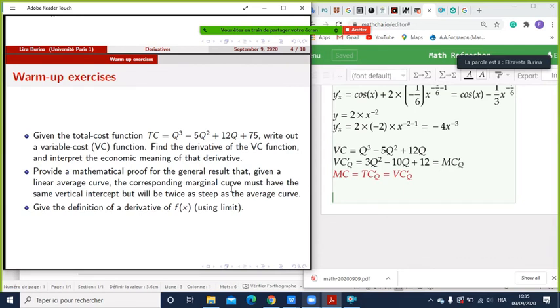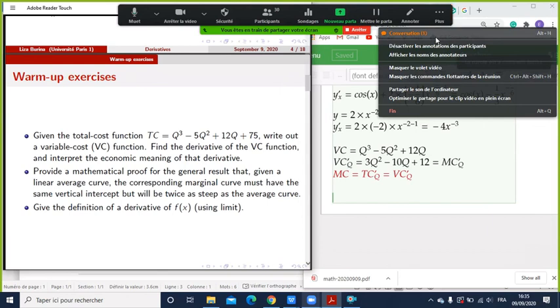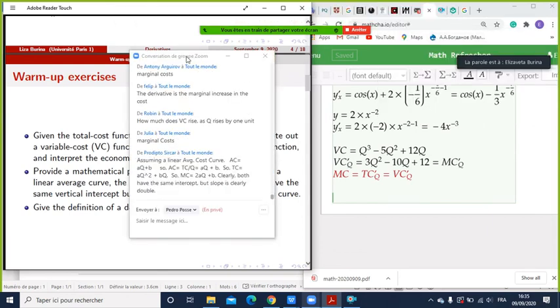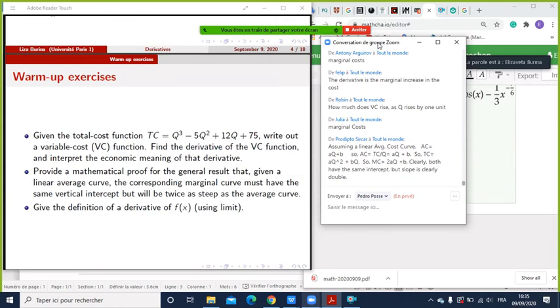We could be talking about revenue. That also has to work, and it can be increasing and decreasing. Okay, we have a reply already. So assuming a linear average cost curve, AC, yeah, let's talk about costs, AQ plus B.